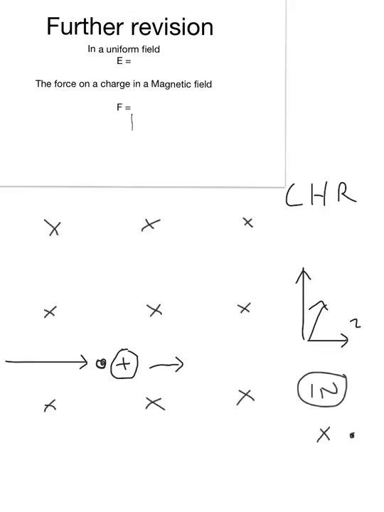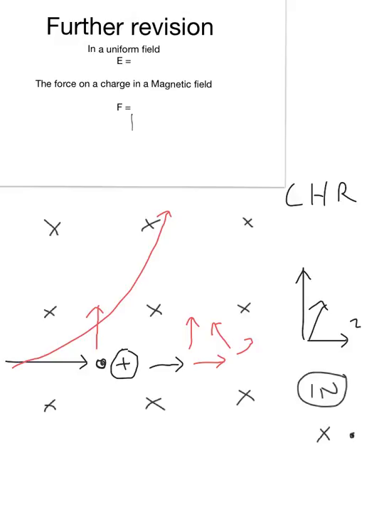You should see that there is a force acting up, which means that this charge will continue moving in a circular path. Why is that? Very common question, because the movement, which is in this direction, and the force acting on it are at 90 degrees to each other. And this would continue as the direction changes anyway. It will always be at 90 degrees.